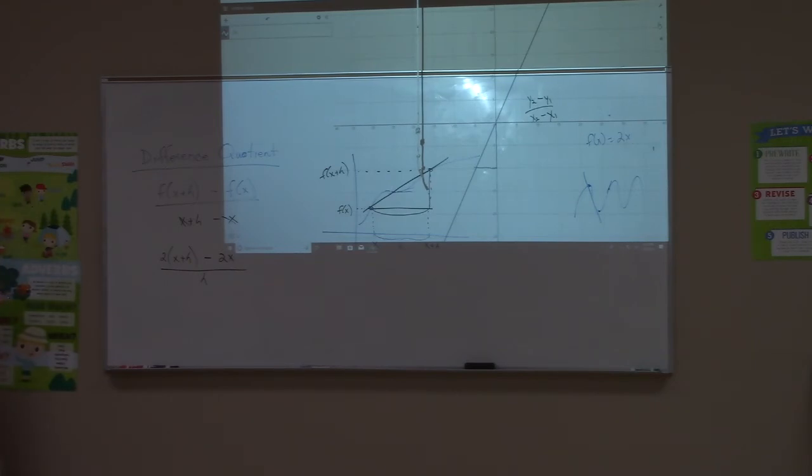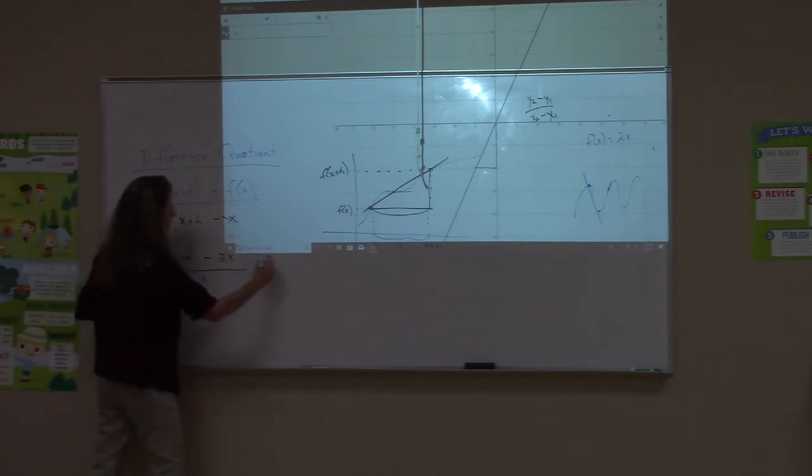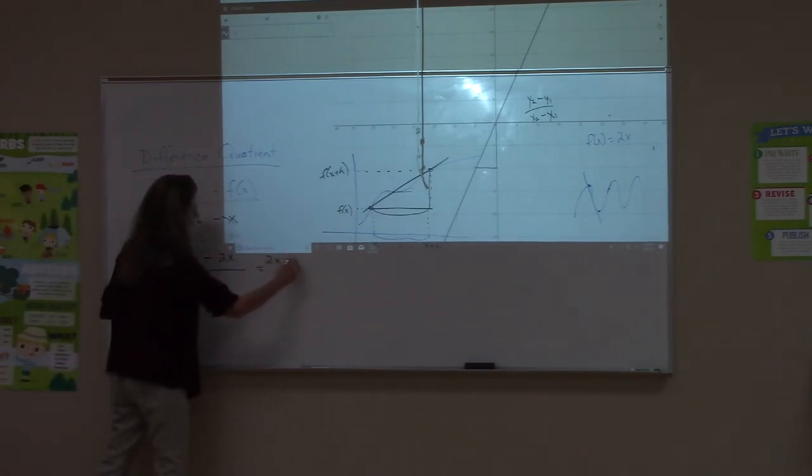Okay? So now I'm cleaning it up. Now it's just algebra. The minute you have that x plus h in place and then you're subtracting off the original function, you're good to go. You have all the tools you need. You're just doing algebra. So I'm going to distribute this 2 through.